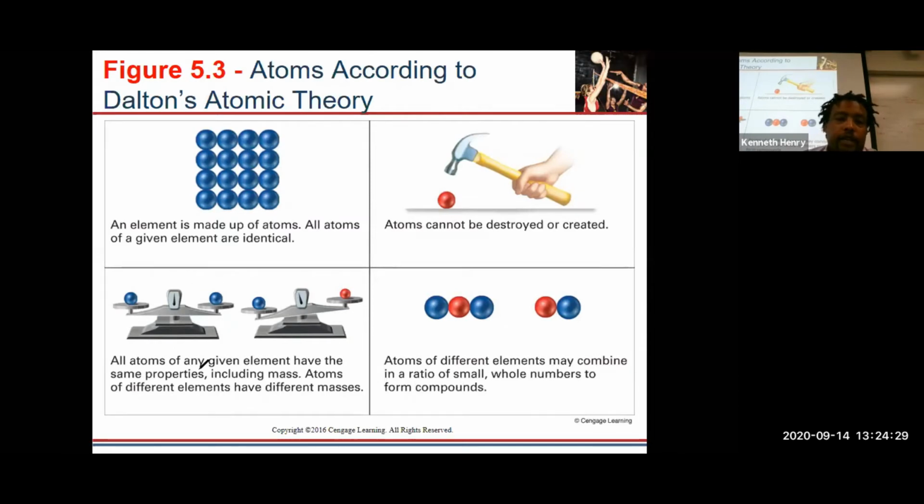And then this one is, all atoms of a given element have the same properties, including mass. And atoms of different elements have different masses. And then this one is basically saying that you could put two atoms together and they can make a compound. And depending on the ratio, you could end up with two different compounds, okay?